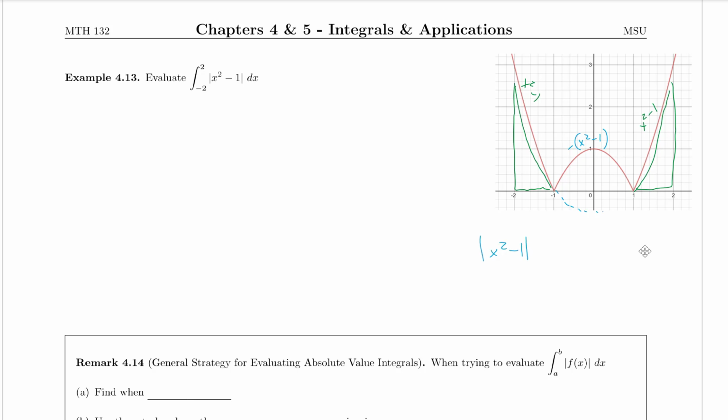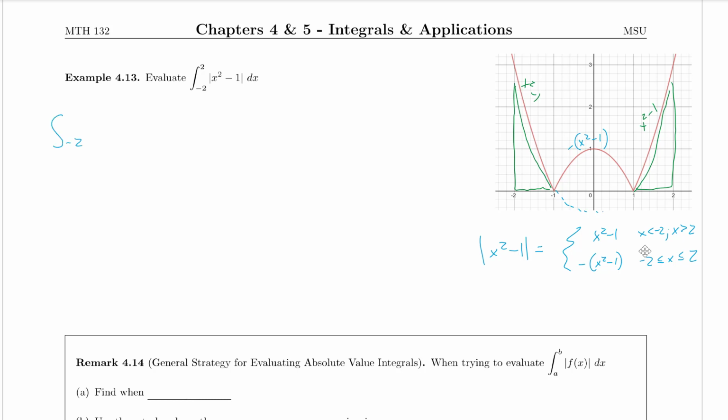In other words, the absolute value of x squared minus 1 is equal to the piecewise function x squared minus 1 when x is less than negative 2 or when x is greater than 2. And it's equal to negative x squared minus 1 where x is in between our negative 2 and our positive 2 values.